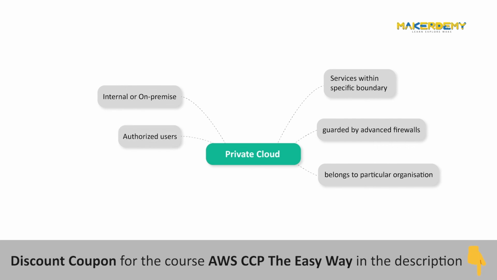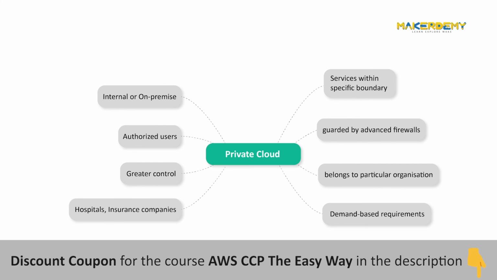Private clouds permit only authorized users, providing the organizations greater control over data and its security. Business organizations that have dynamic, critical, secure, management demand-based requirements typically adopt private cloud. Public sector organizations with super sensitive data such as hospitals, large enterprises with heavy regulations such as insurance companies are some of the classic users of the private cloud.